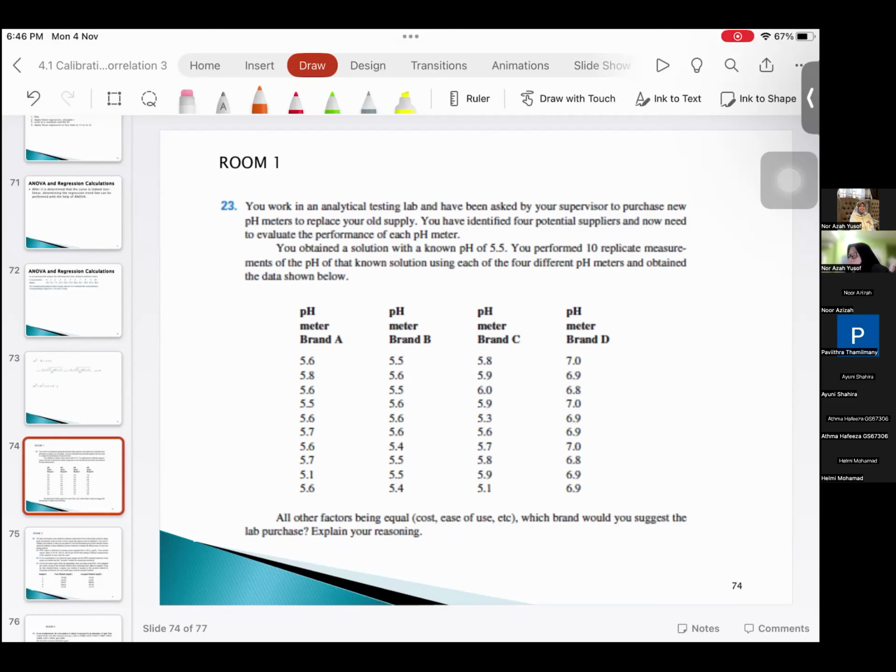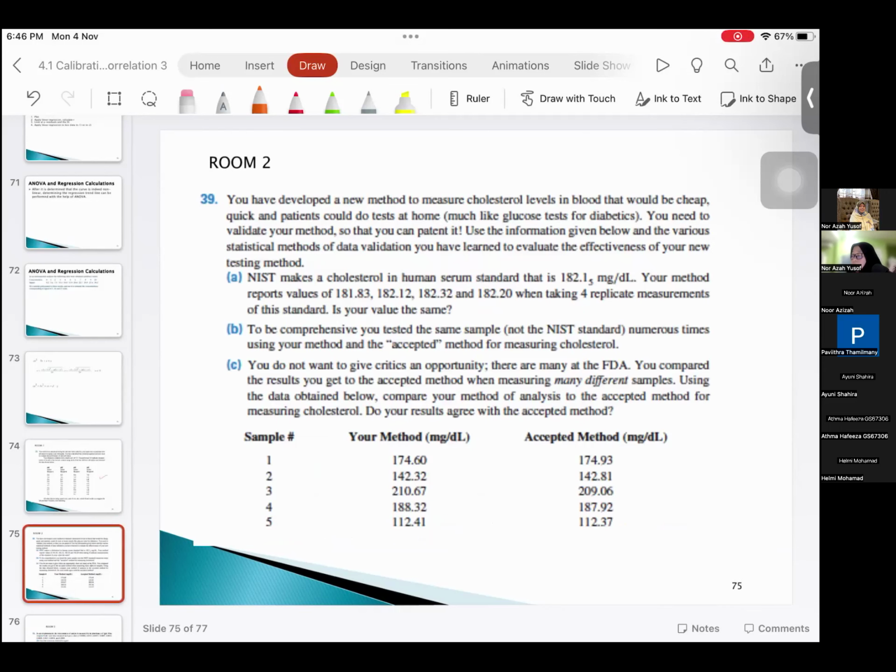So this is for room 1. I will share these slides once you have the groups after this. So you can just have a look.